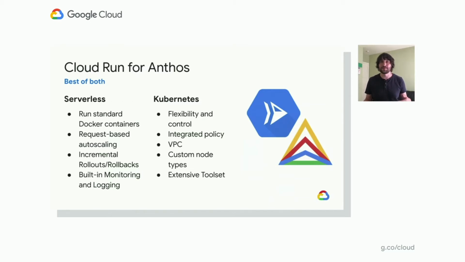And at the same time, the operations team gets all the benefits of a Kubernetes environment. The flexibility and control that comes with GKE, integrated policy support, the ability to run your compute completely within a VPC, custom node types and customization of the underlying hardware, and the extensive toolset that the Kubernetes ecosystem provides.